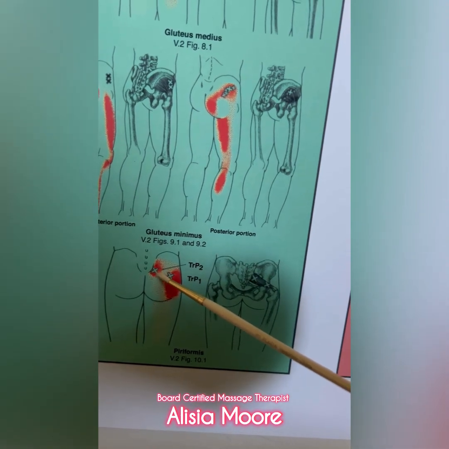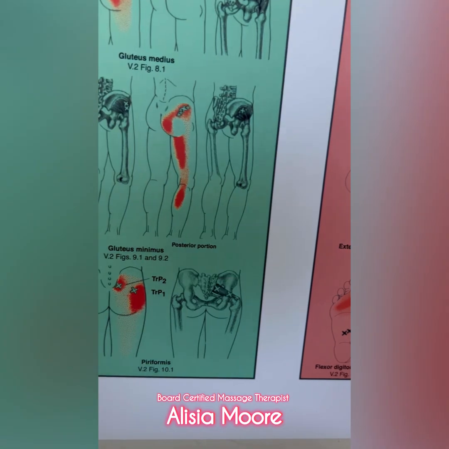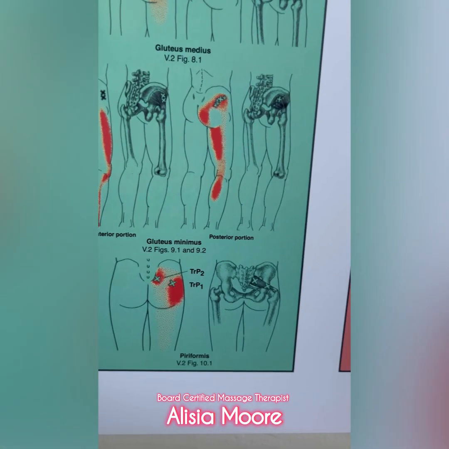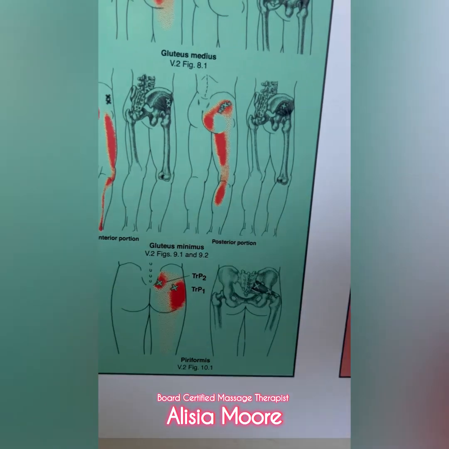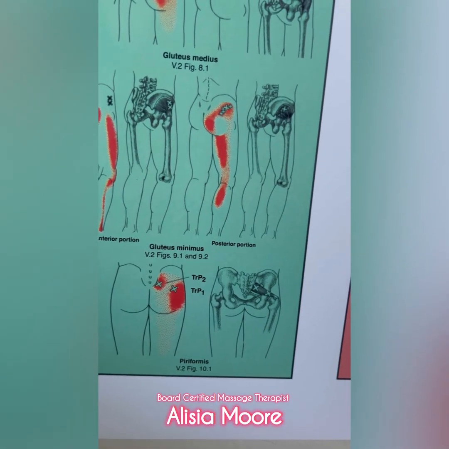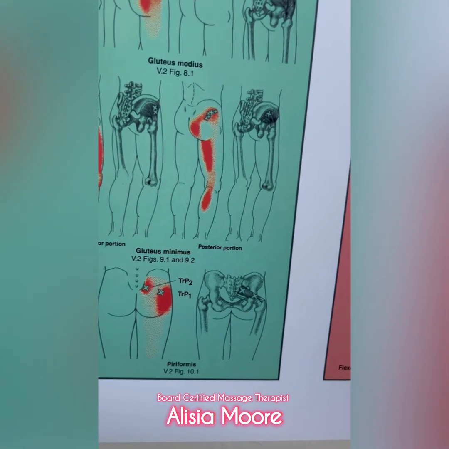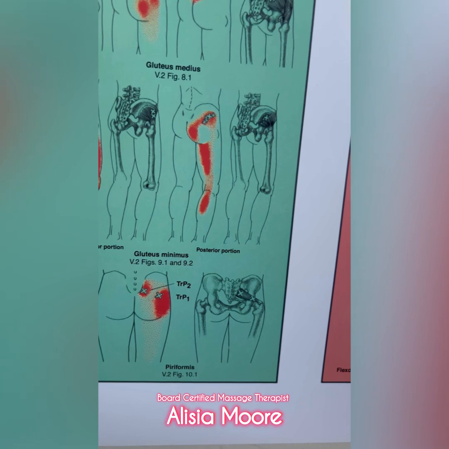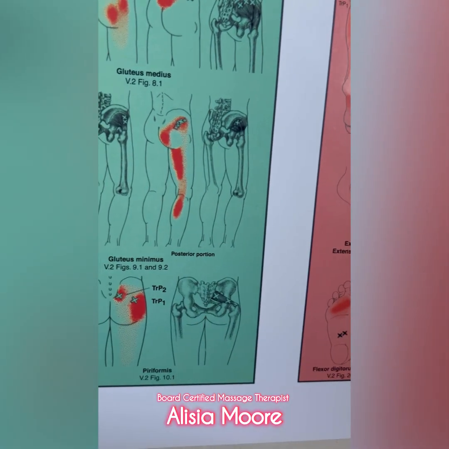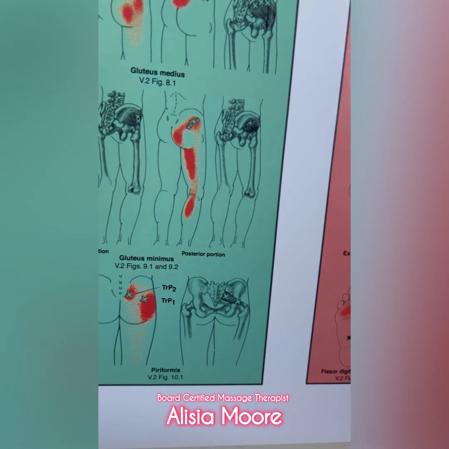This one can be a little bit trickier, only because depending on the person, if they have their natural butt, for one, also if there's a lot of adipose in the area, then it can be a little bit challenging.